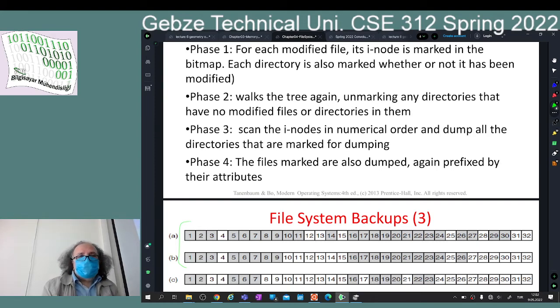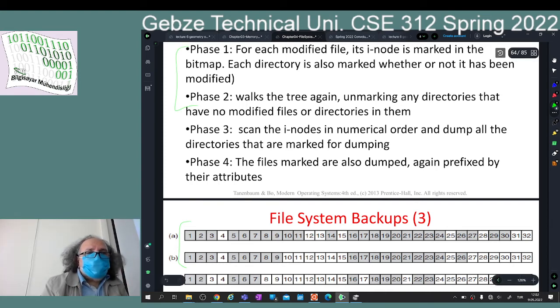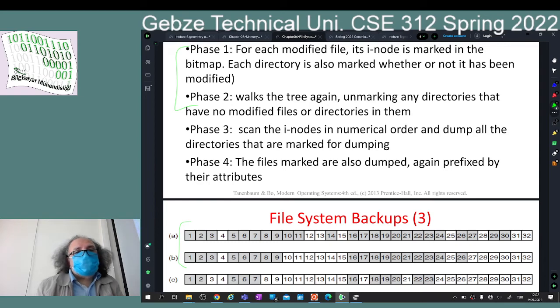Okay, well, these two are actually one step maybe. Those are the main three steps of taking an incremental backup, or the logical backup, of a Unix based file system.